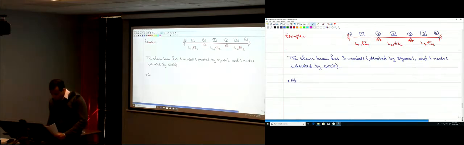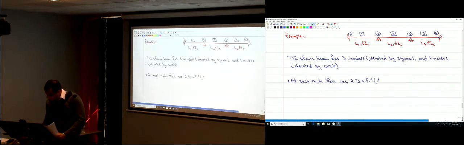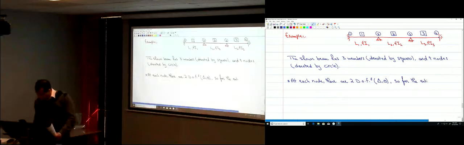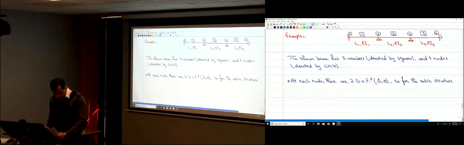And then at each node, there are 2 degrees of freedom: a delta, a vertical displacement, and a theta. So for the entire structure, we have 8 degrees of freedom.